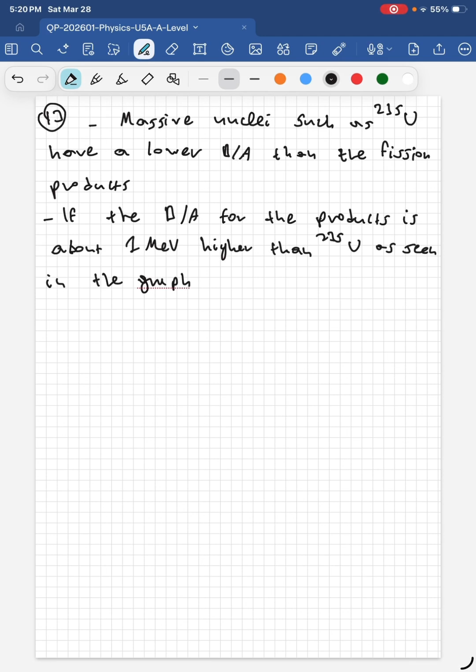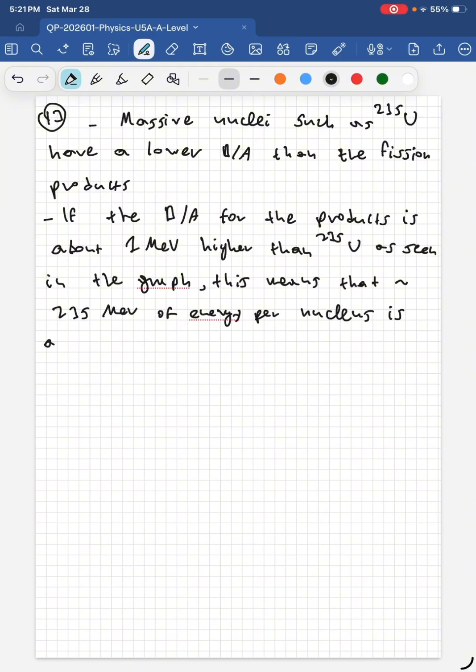This means that approximately 235 MeV of energy per nucleus is available.